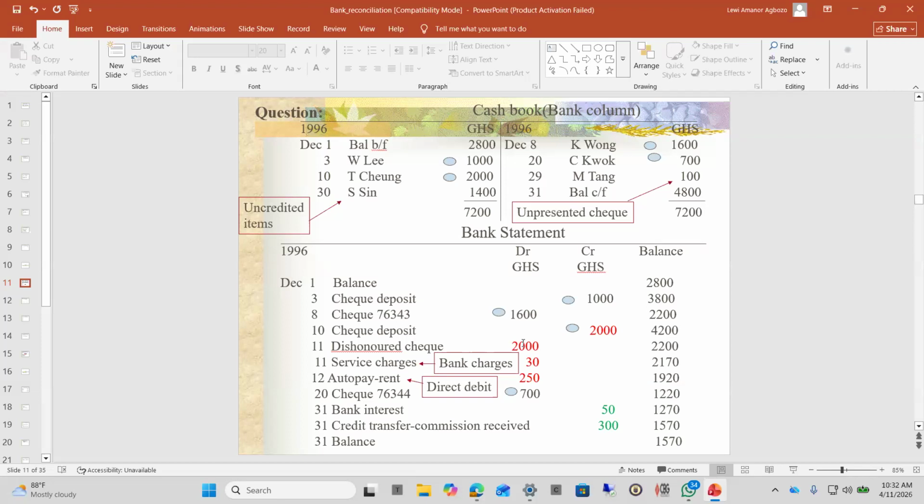So the situation where they've not discovered the dishonored check, and then they come and make a withdrawal before they have discovered the dishonored check.